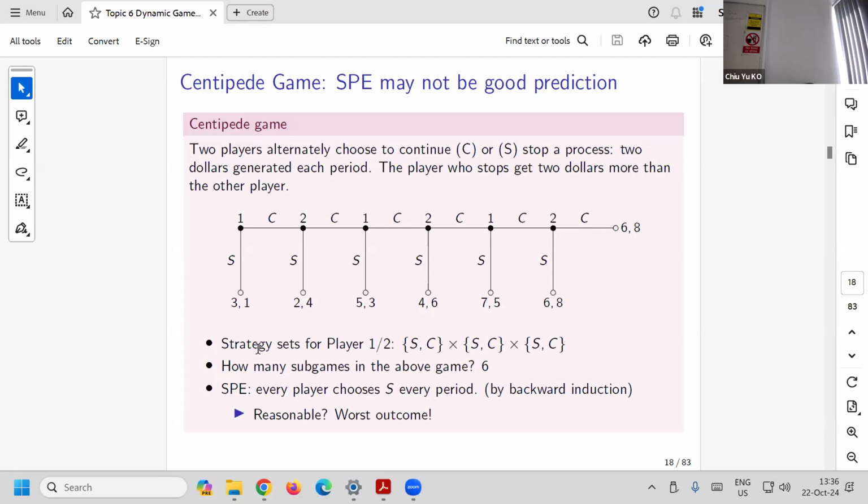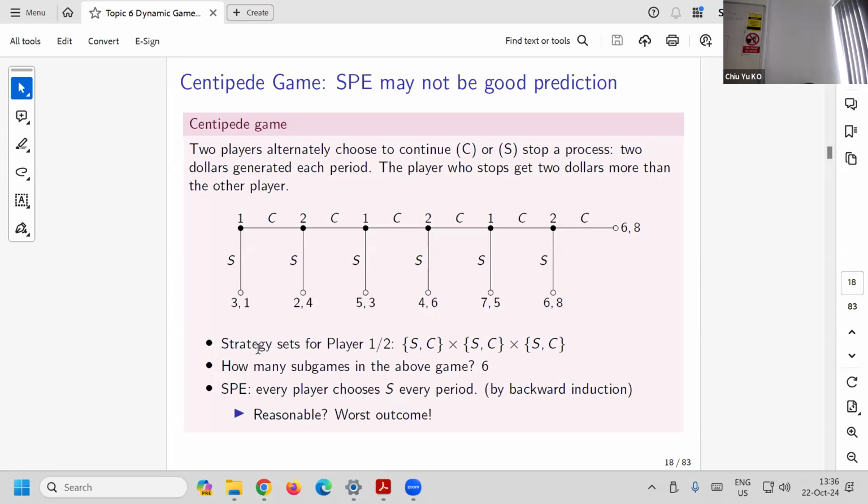Then, I think this should be 7-7 or 8-6, because that doesn't really matter anyway. I have to check how to define the last one, but it doesn't really matter.